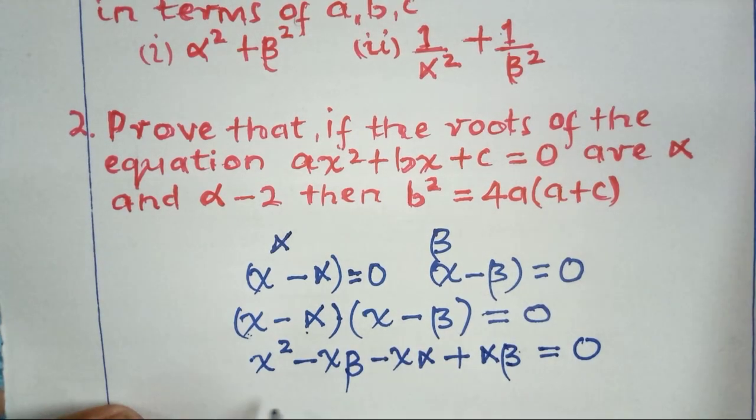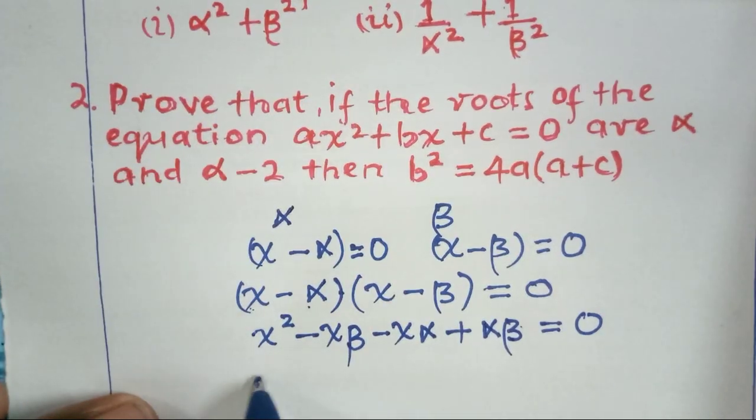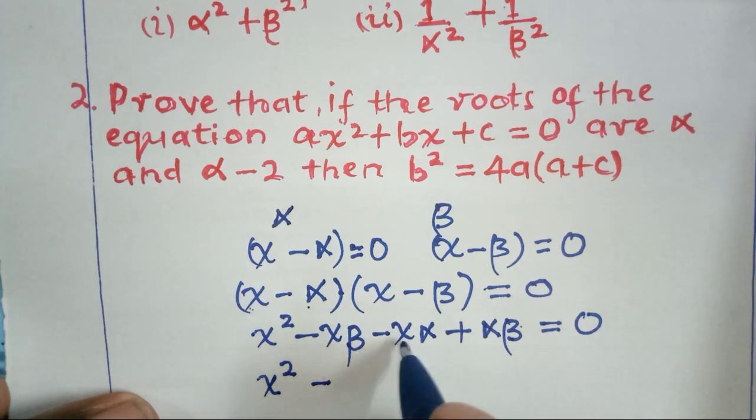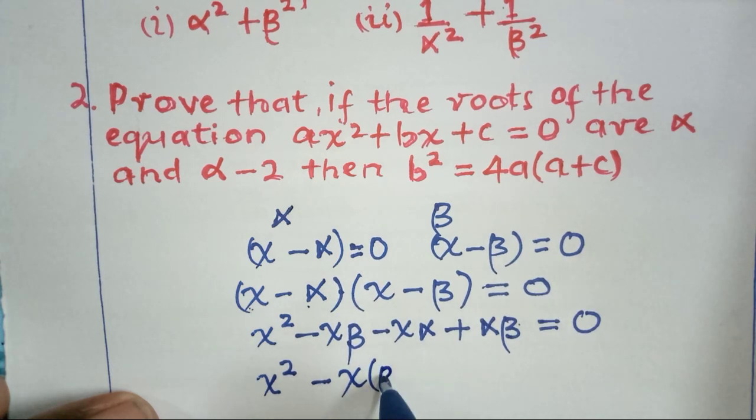And then from there we can put our terms together. That is, we put x squared, minus, then we factor out our x, so that we can put a bracket there, we put beta and then plus alpha.